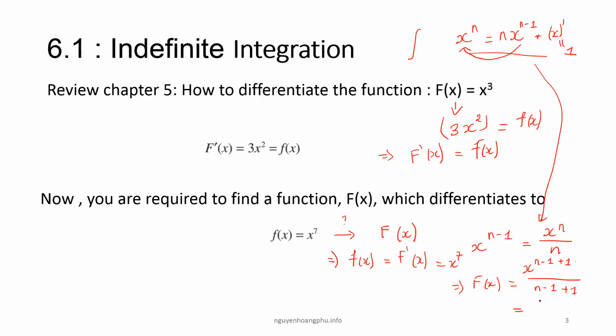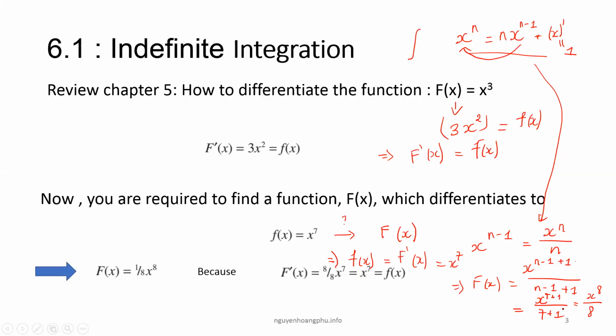So it will be equal to x power 7 plus 1 divided by 7 plus 1. It will be x power 8 divided by 8, right? So this is a way for you to understand how to find integrations.